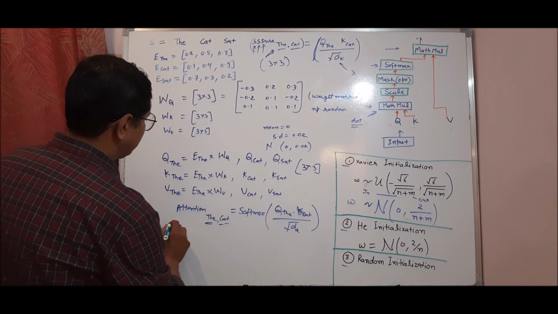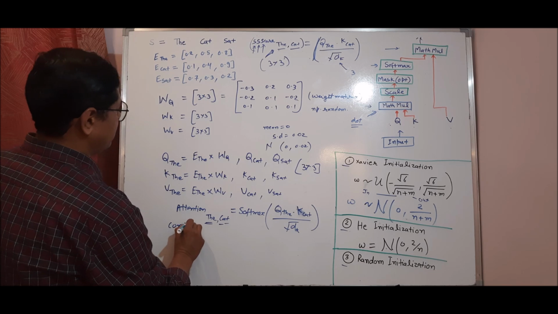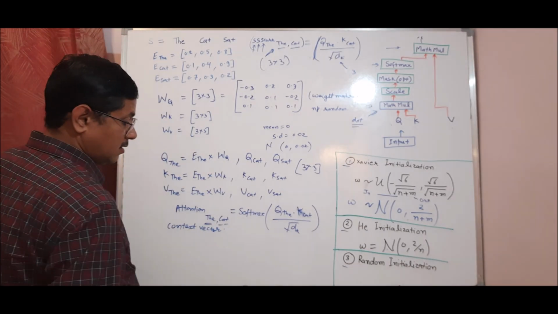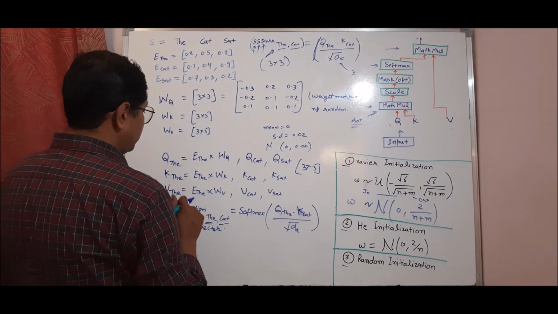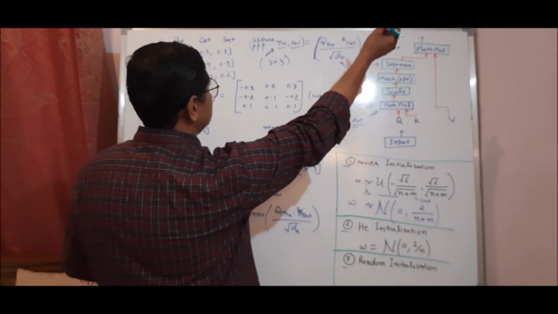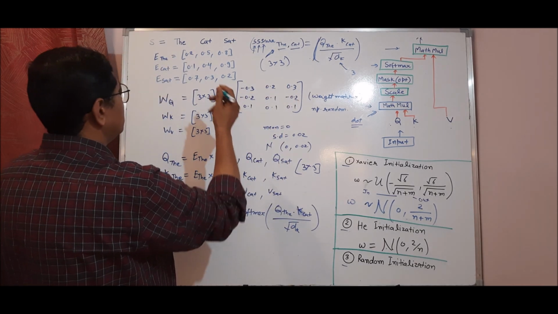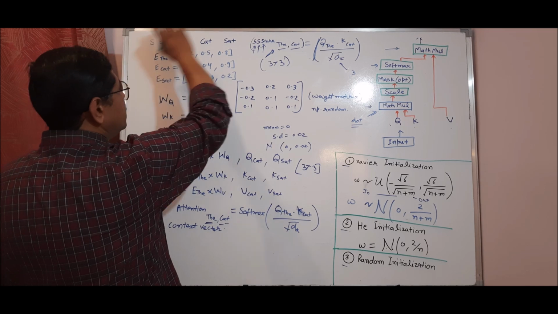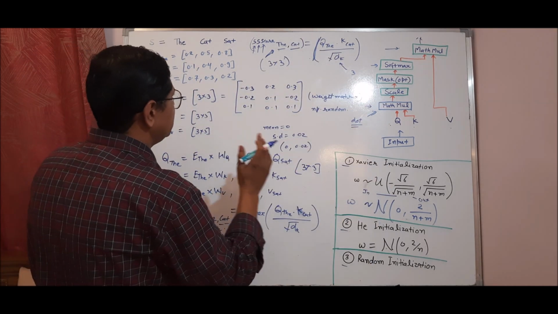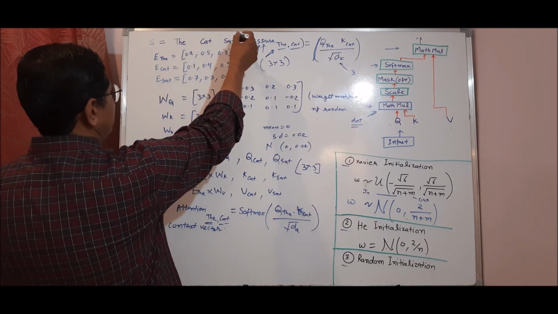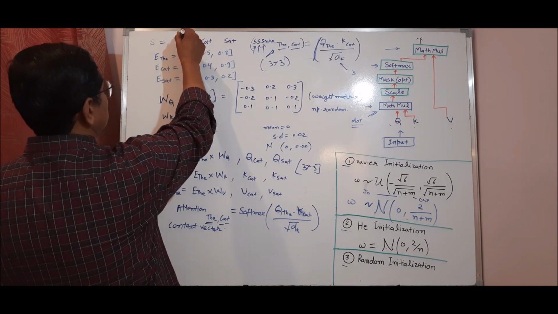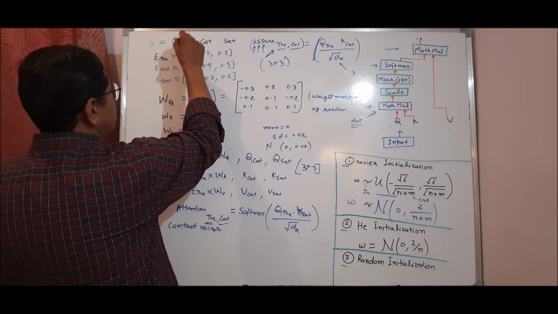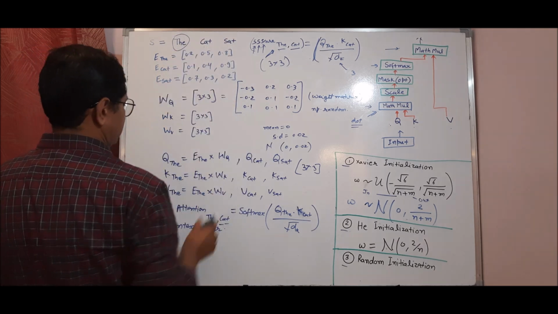The context vector represents the contextual importance of a word with respect to all other words in the text. So here we have 3 words in the sentence, so the contextual importance of the will represent the importance of the in the presence of cat and sat.